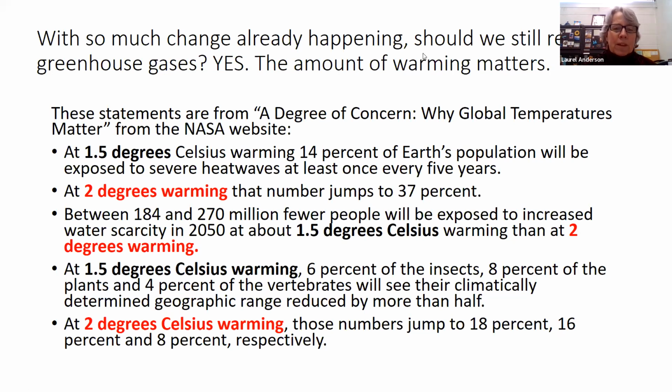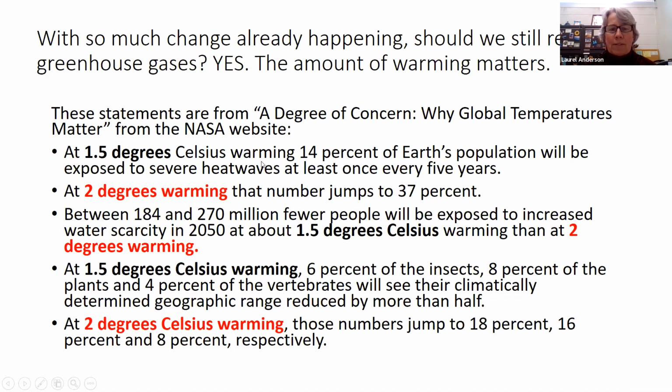But I want to emphasize that it really matters keeping the CO2 levels and the warming to a moderate rather than extreme level. So for example, if we can keep our warming to more like 1.5 degrees Celsius, and we're at 1 right now, we're going to have basically 14% of the Earth's population exposed to severe heat waves at least once every 5 years.